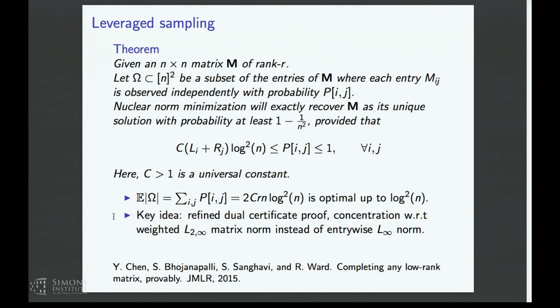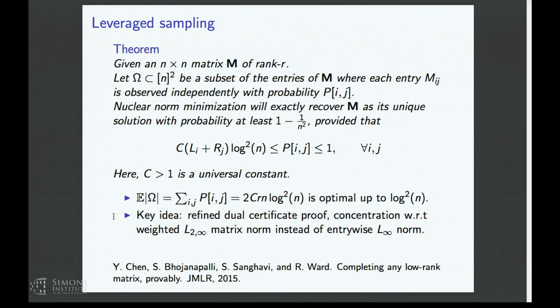So now we've removed any dependence on the coherence factor, and this is as few measurements as we could hope to have to take to recover a low-rank matrix up to the log squared n. And of course, uniform sampling, the uniformly flat leverage score case, is a special case of this theorem.